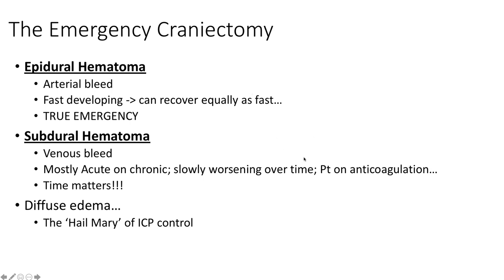With a subdural hematoma, there still may need a little time to recover. Then also sometimes we are asked to provide anesthesia in a patient who has diffuse brain edema. It's like the Hail Mary of ICP control. If conservative measures don't grasp and a patient is deemed rescuable, that decompressive craniectomy may look like a doable approach.